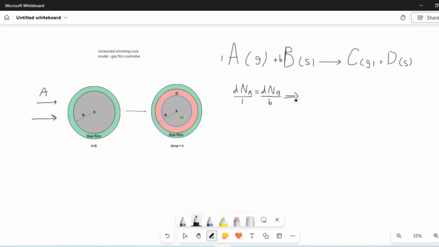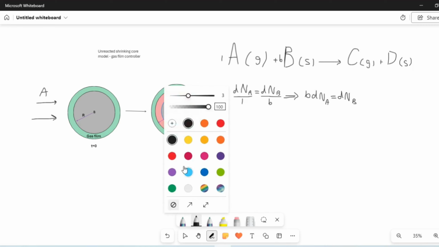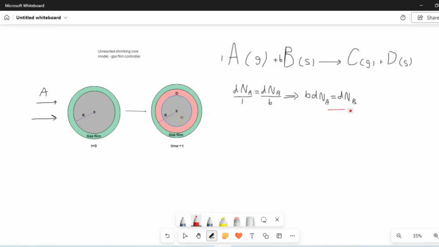Then by cross multiplying both sides, we have dNA multiplied by b equal to dNB. This is an important relationship, so I'm highlighting it in red.